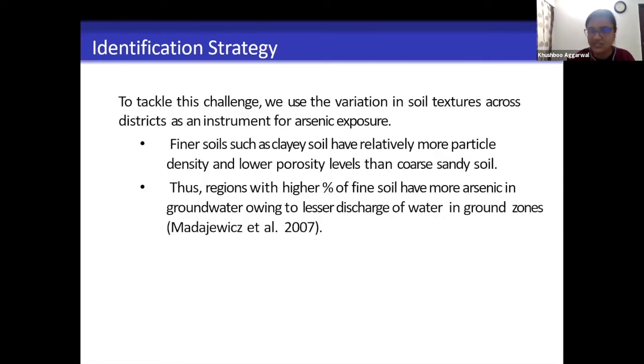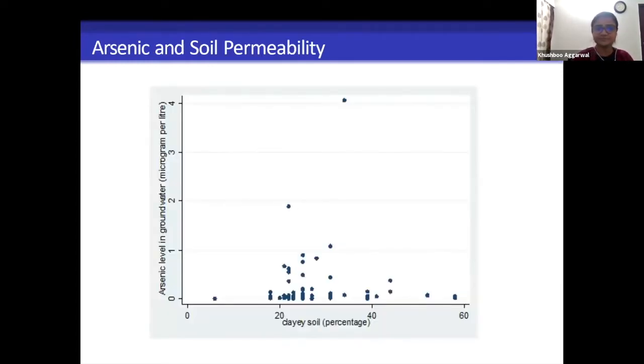Now, to tackle this challenge, what we do in this analysis is use the variation in soil texture across districts to instrument for the presence of arsenic in that region. Why? Because there is literature which argues that there is an inverse relationship between the presence of arsenic in a region and the permeability of soil.